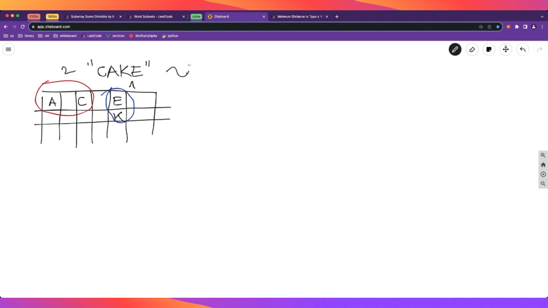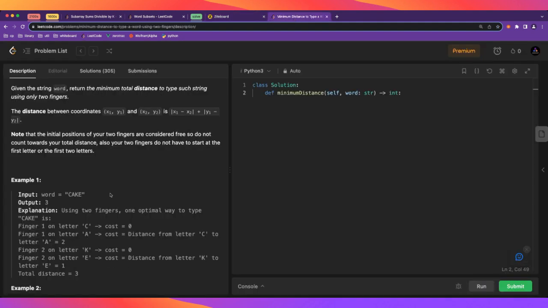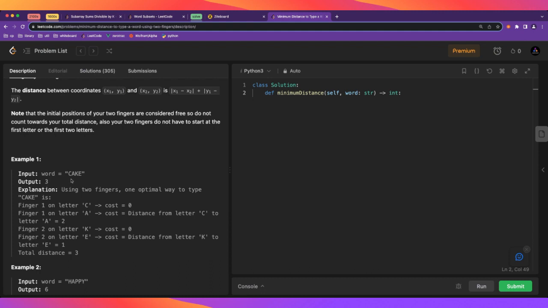So the answer here is 3. And it seems to be optimal because you can't do it in 2. You certainly can do it in 1, and I don't think you can do it in 2. And yes, if you look at the example, the answer is 3.